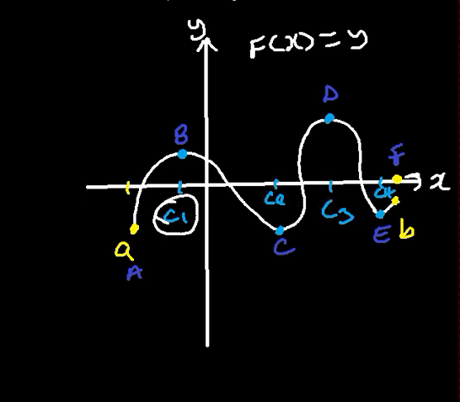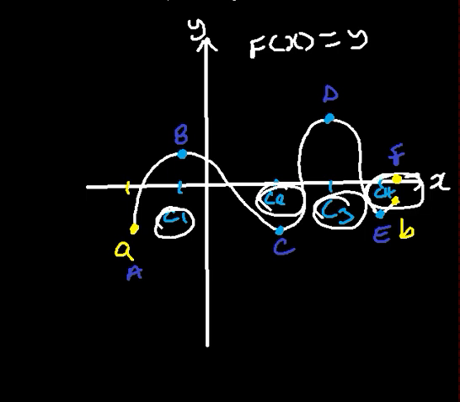Now, how can you determine the x values corresponding to these points? How can you have the critical values c1, c2, c3, c4? Those values are calculated using what is called Fermat's theorem.